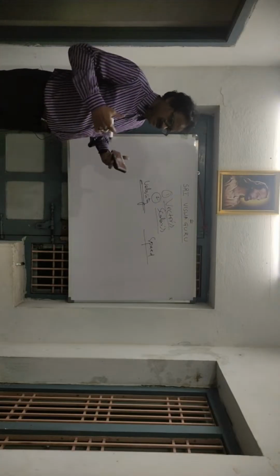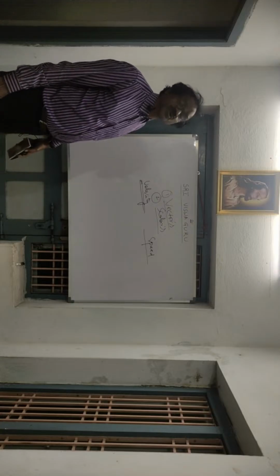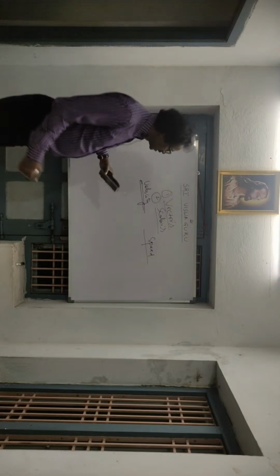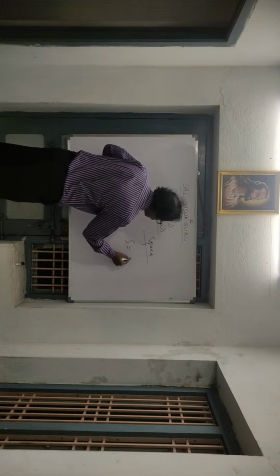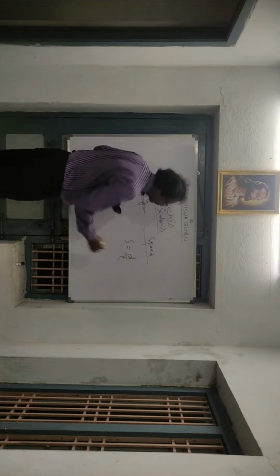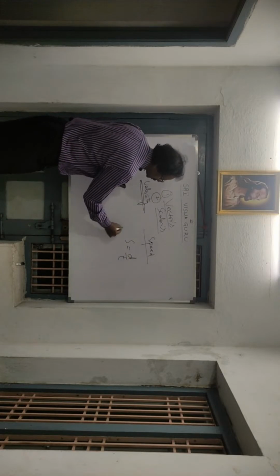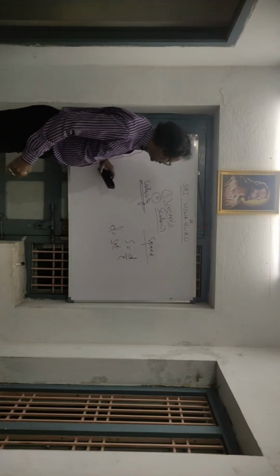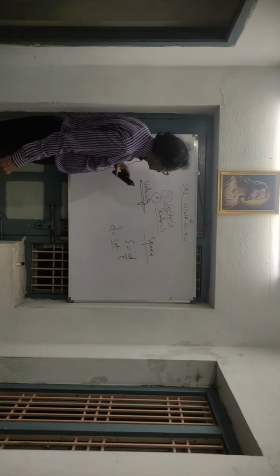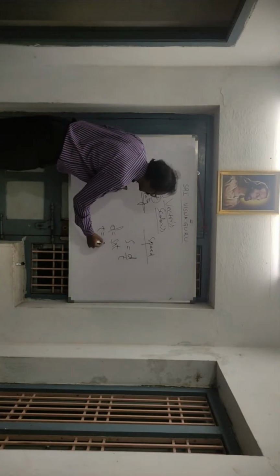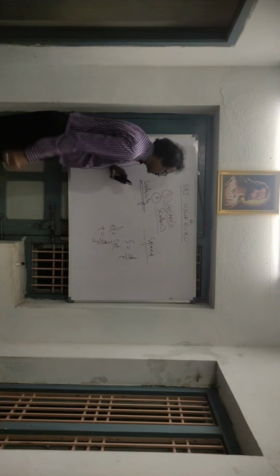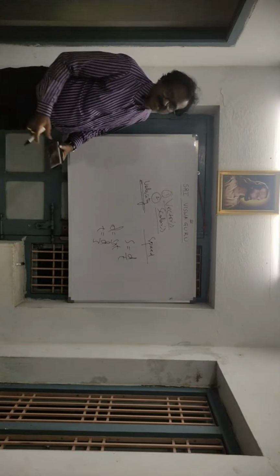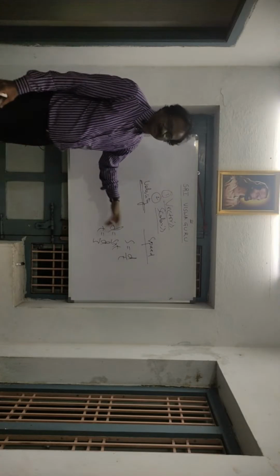Speed is equal to distance by time. Then distance is equal to speed into time. Time is equal to distance by speed.